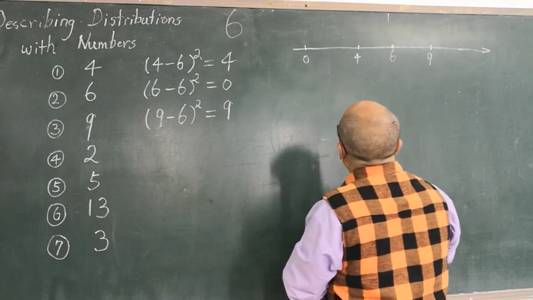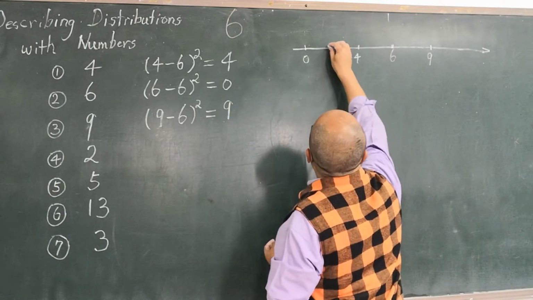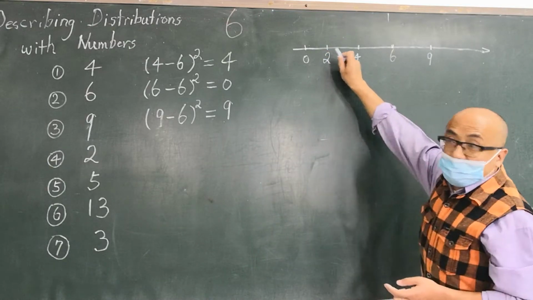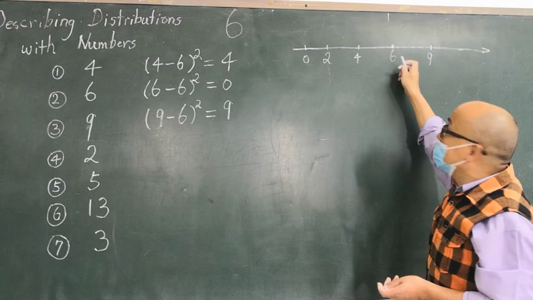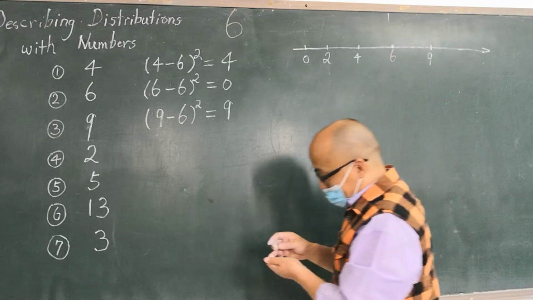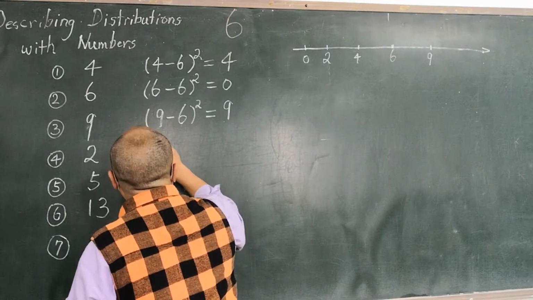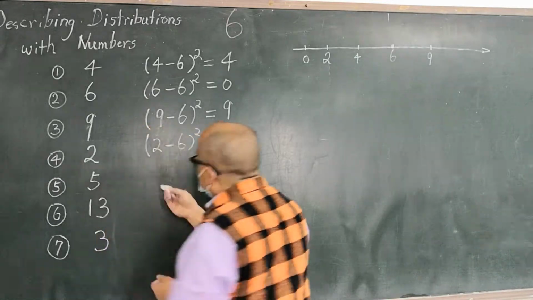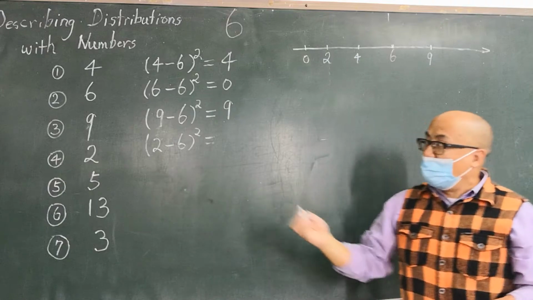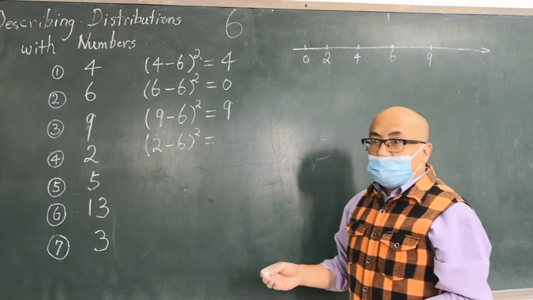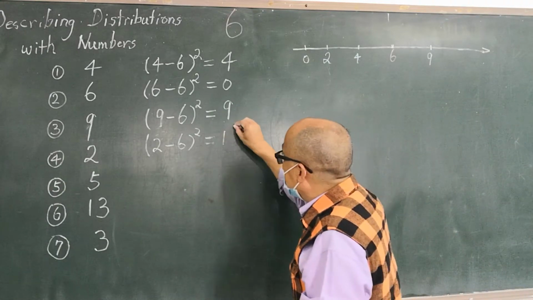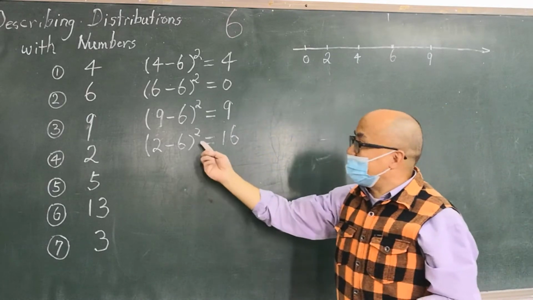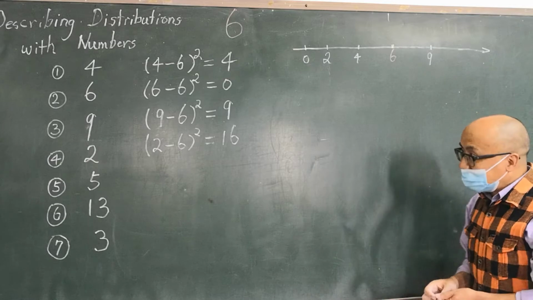And for 2, the distance to the mean is 2 minus 6 squared. So 2 minus 6 is minus 4, and minus 4 squared is 16. Always positive because of the square.